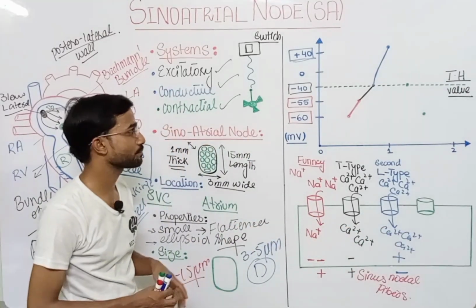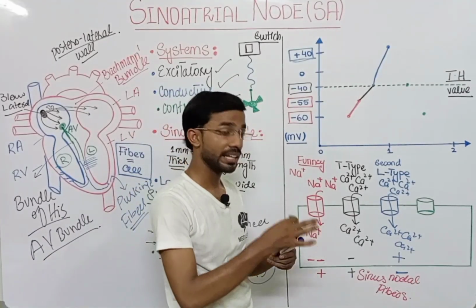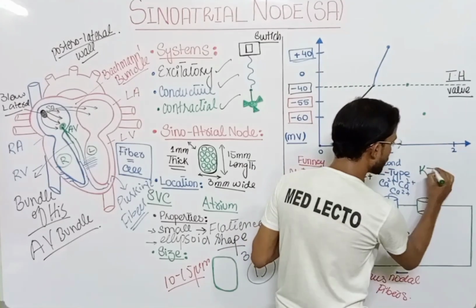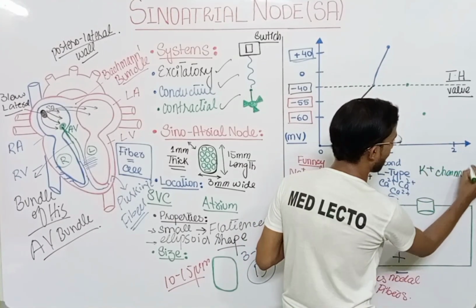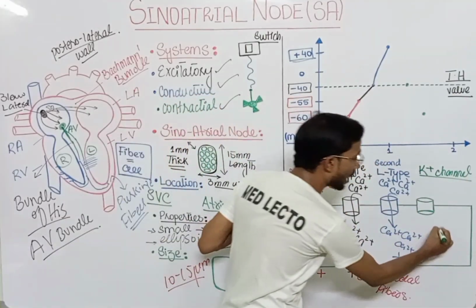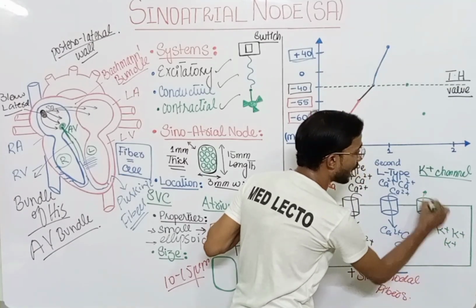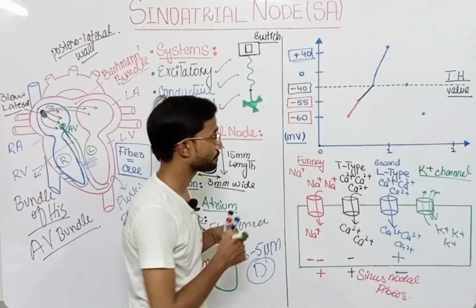Okay. And after that, you will see the opening of the potassium channels. That's very important. Through the potassium channels, the potassium that is present inside the cell starts moving outward. So in that situation, what will happen?